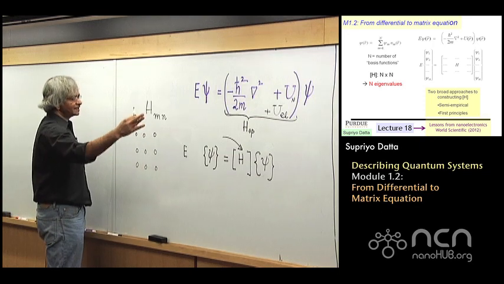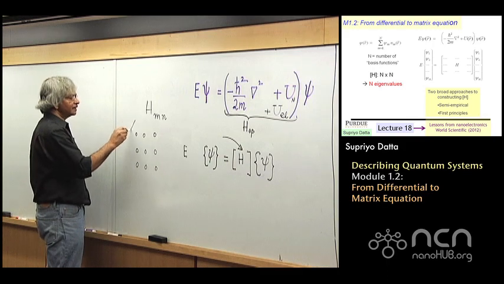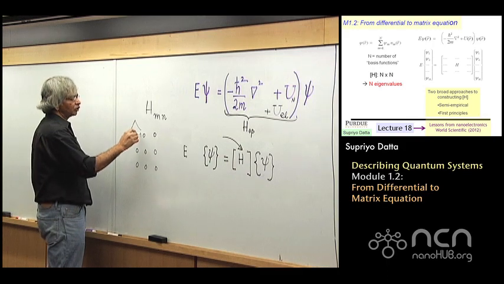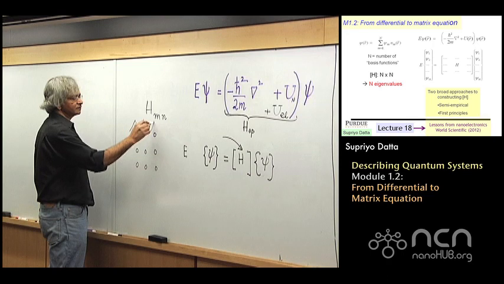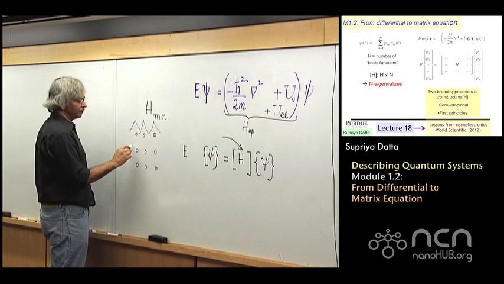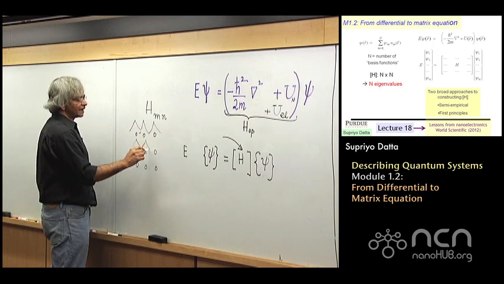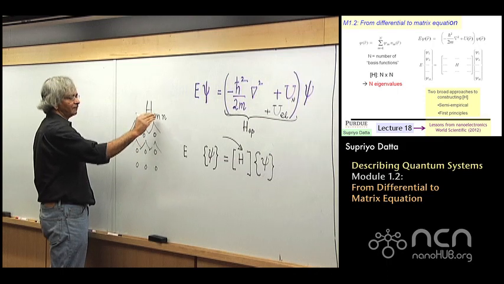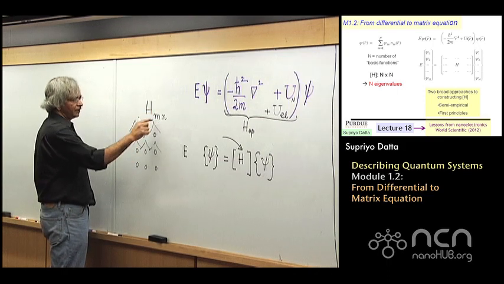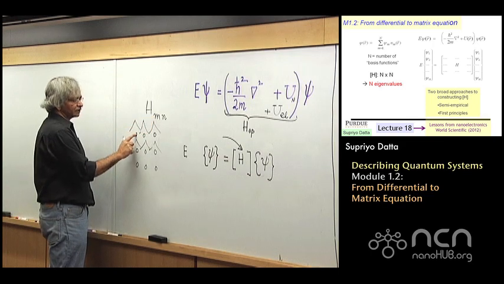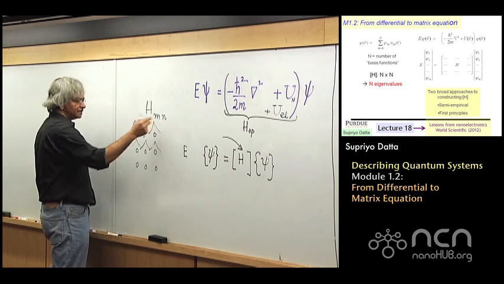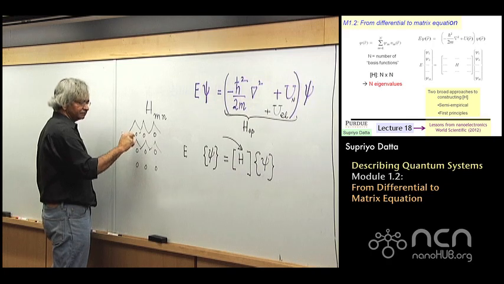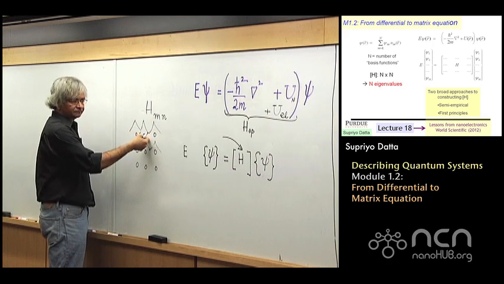And let's say those basis functions are functions that are localized around different atoms. One here, one here, one here, etc. Then the assumption is that this H_MN is non-zero only if M belongs to one atom and N is either on top of that atom in the same place or it is the nearest neighbor.